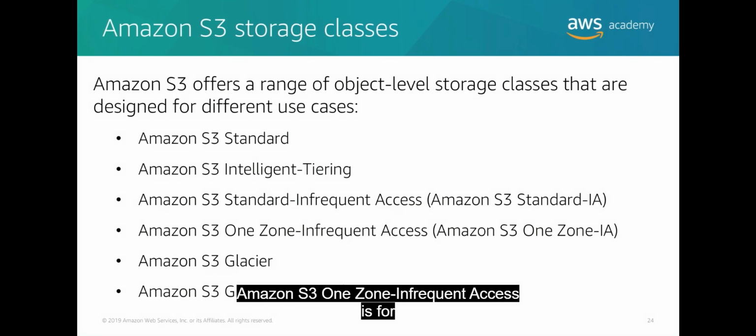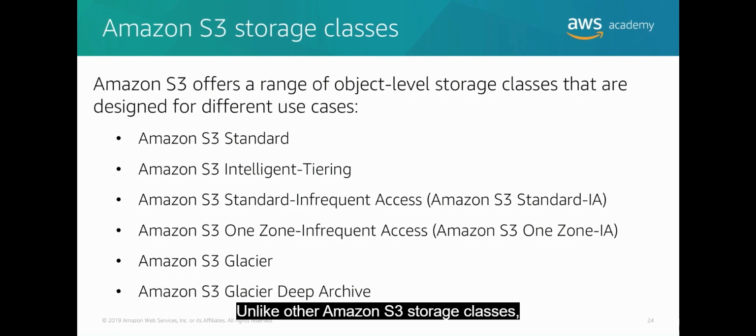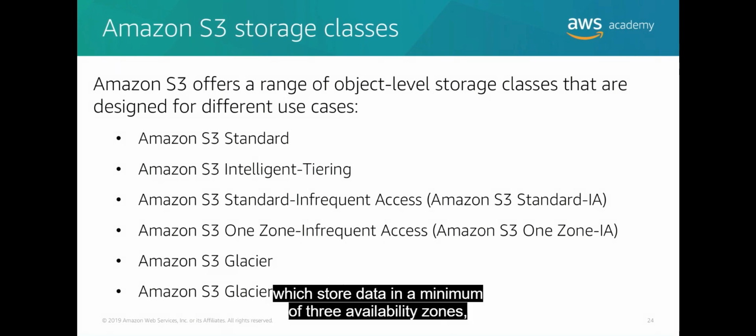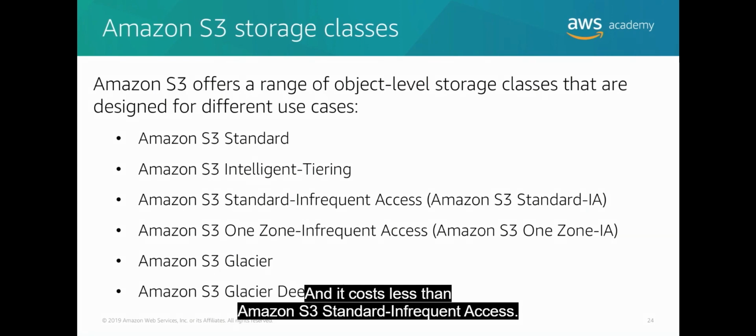Amazon S3 One Zone Infrequent Access is for data that is accessed less frequently, but requires rapid access when needed. Unlike other Amazon S3 storage classes, which store data in a minimum of 3 availability zones, Amazon S3 One Zone Infrequent Access stores data in a single availability zone, and it costs less than Amazon S3 Standard Infrequent Access.